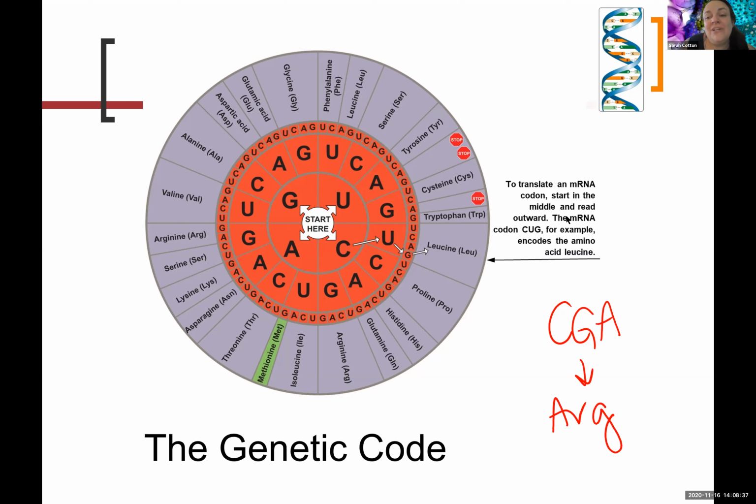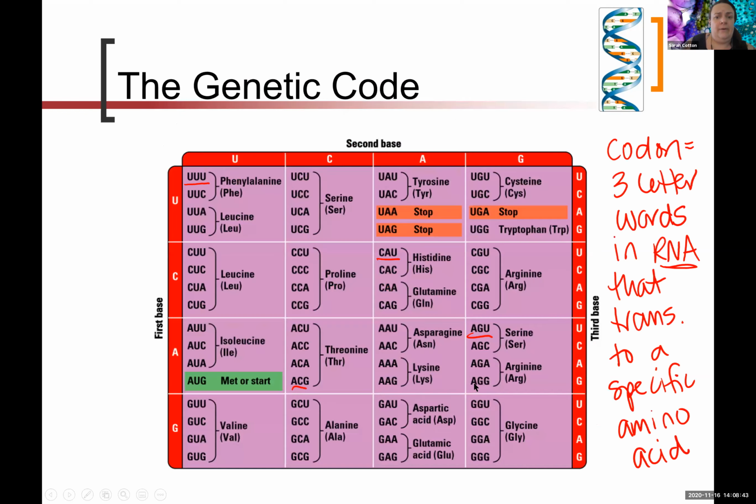This one is easier to use in that sense because let's say I asked you to look up CGA in the other one. You'd be like, okay, where are the C's? Well, the C's are all in this row here, and this is CU, and that's CC, and that's CA, CGA. Okay, arginine.